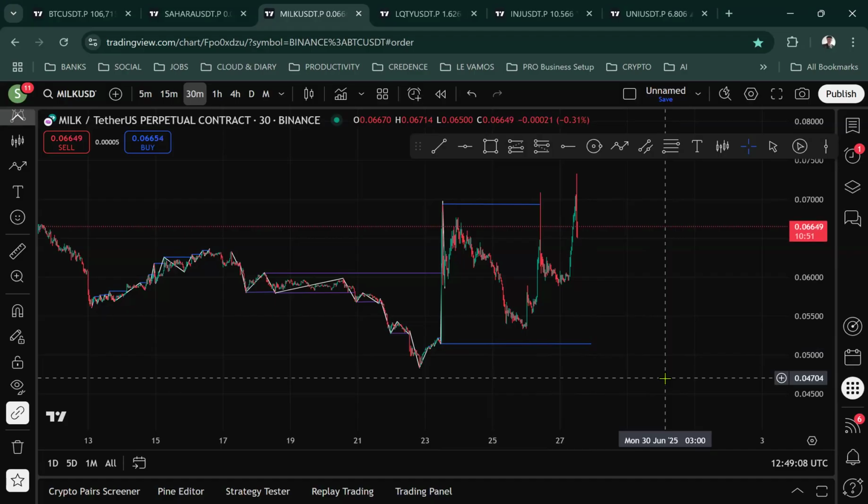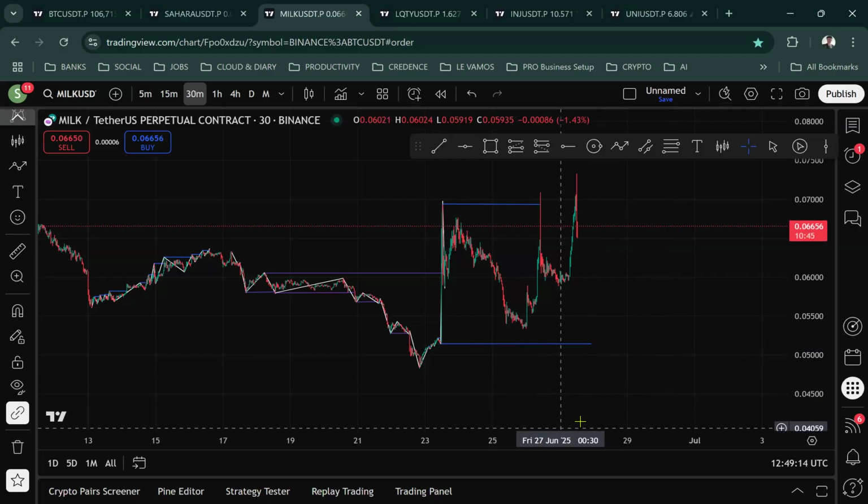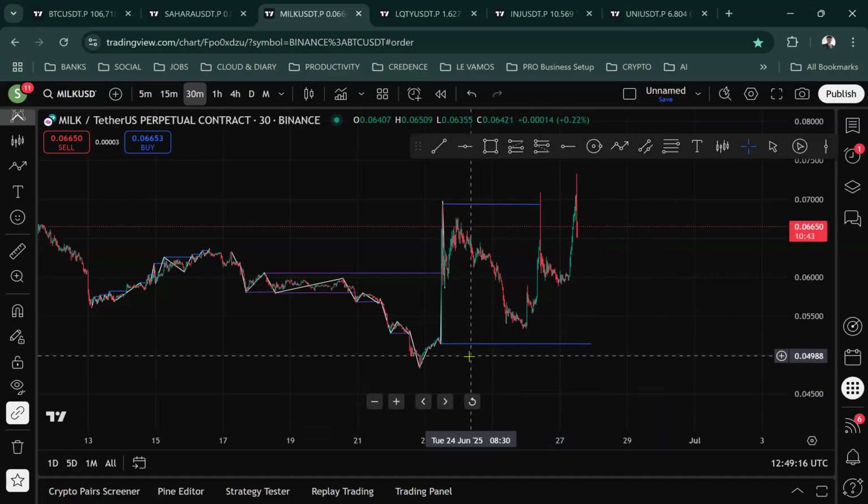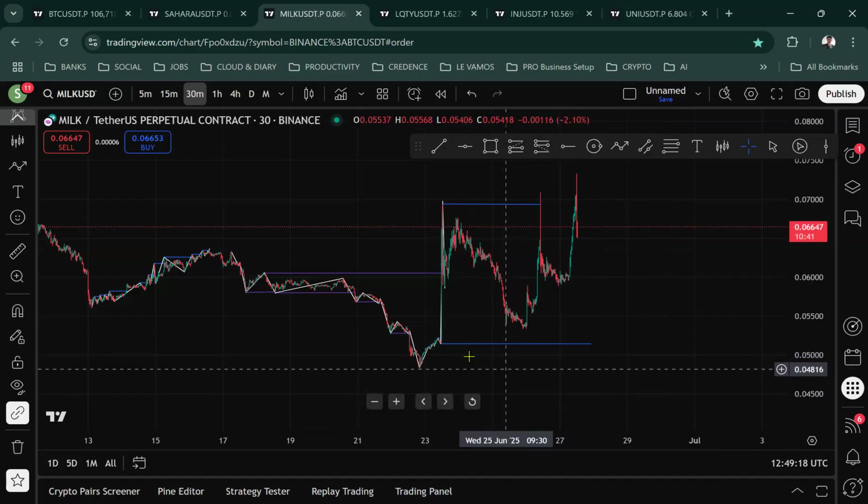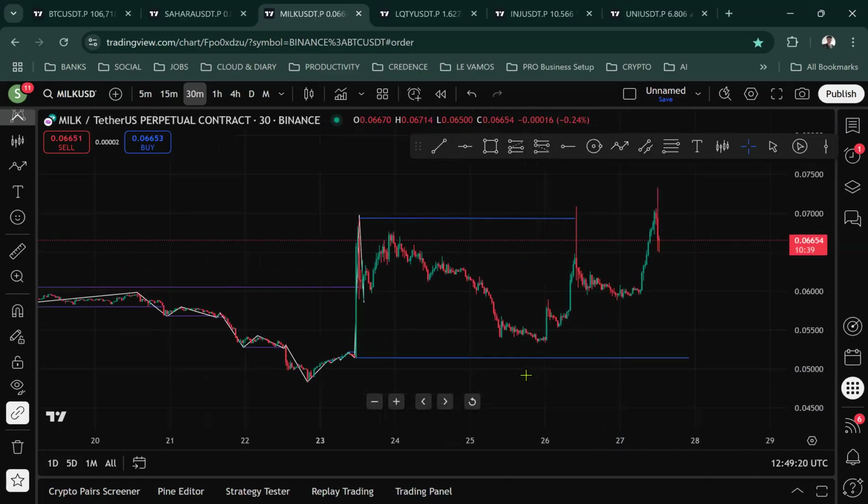When we mark pullbacks, we only mark a particular trend. Are we marking uptrend or downtrend? The confusion now is coming as a result of marking both uptrend and downtrend together.